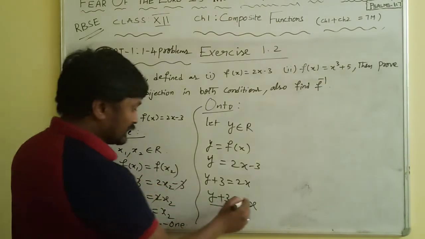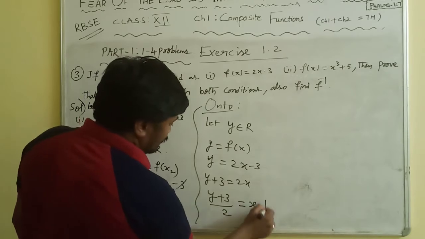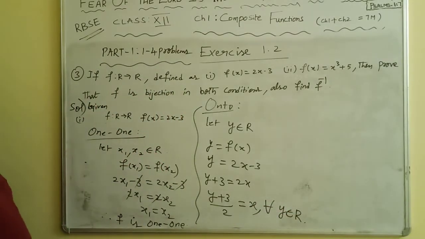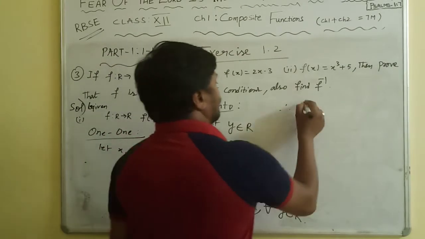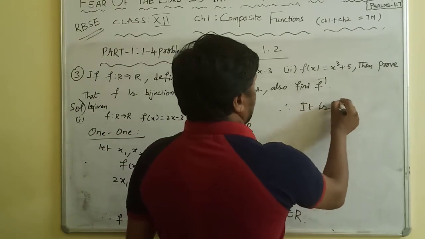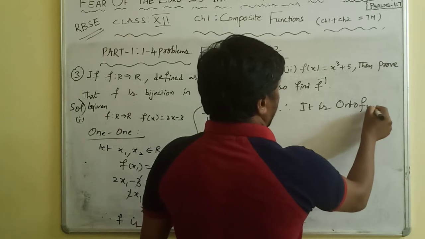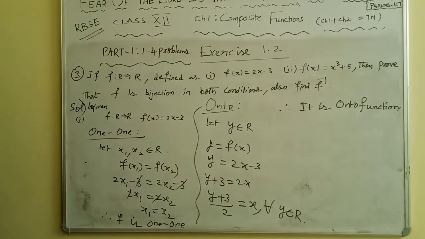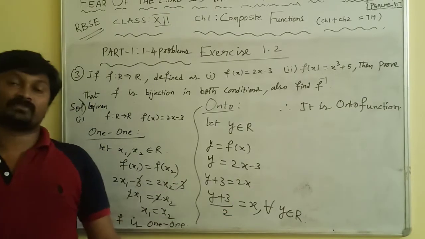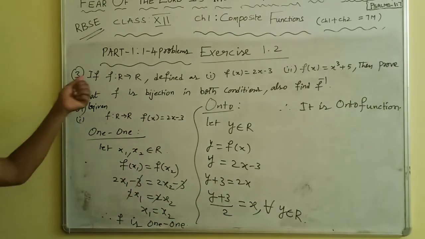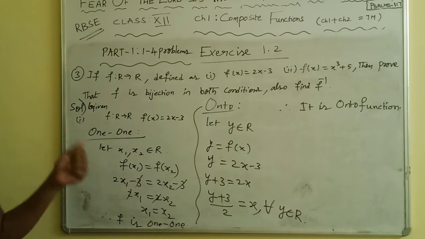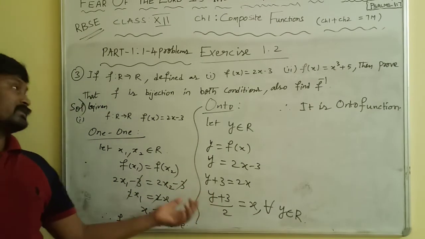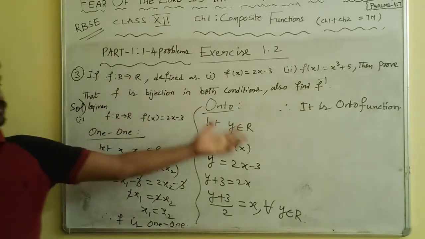But directly what I will do here is, for every y belongs to R, therefore it is an onto function. Here y belongs to R means x also belongs to R and y also belongs to R. Because of that, we can say that the range of the function is equal to the codomain of the function. Therefore it is an onto function.